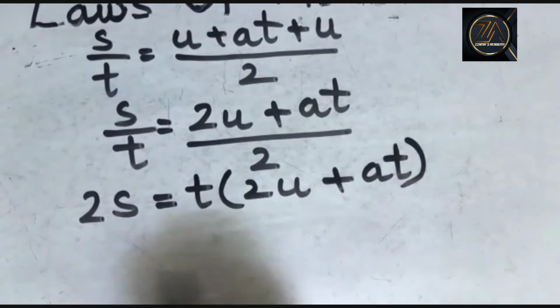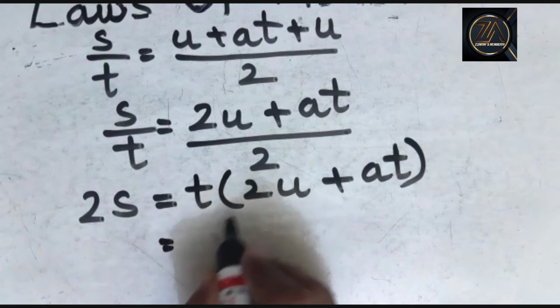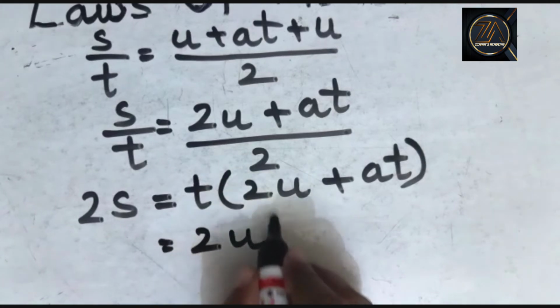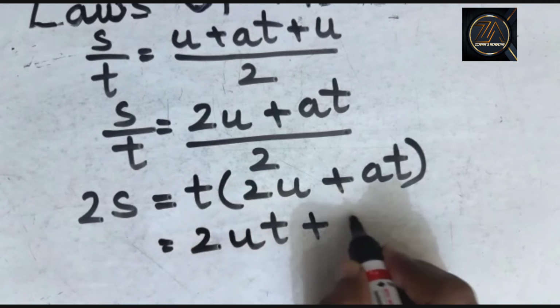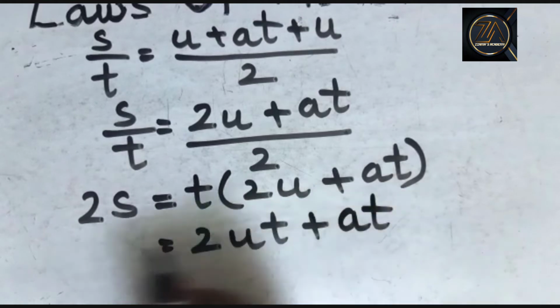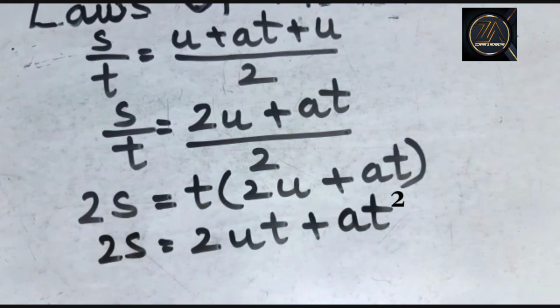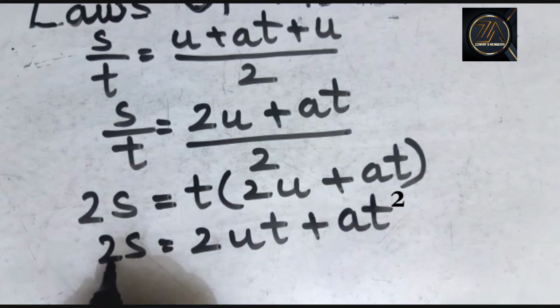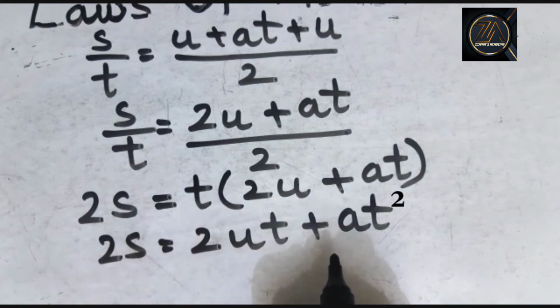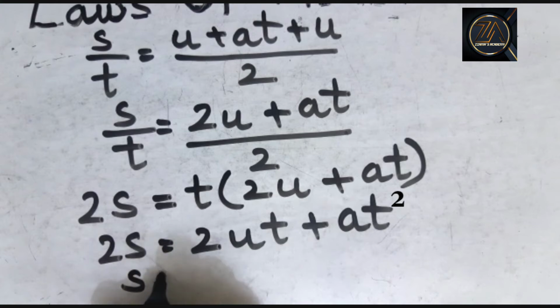And again, multiplying this, you will get 2ut plus at squared equals 2s. Now again we are going to divide by this 2, which is in multiplication. When we bring it to this side of the equal sign, it will be division.